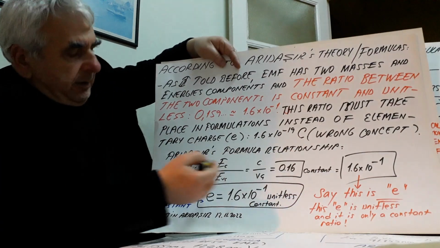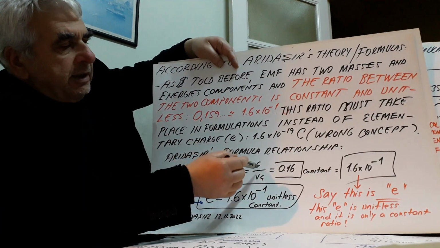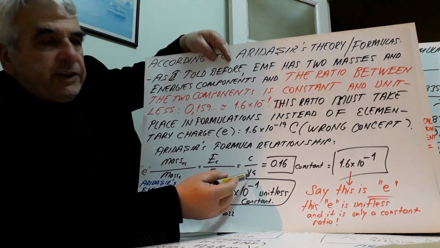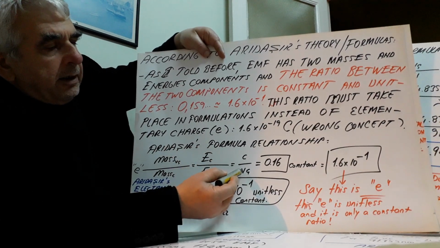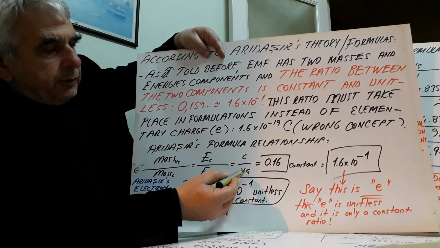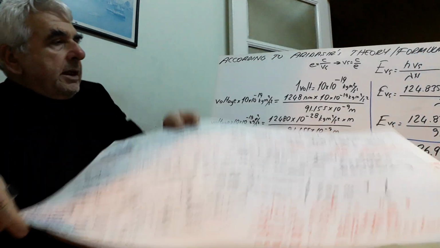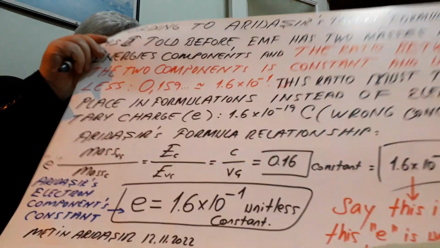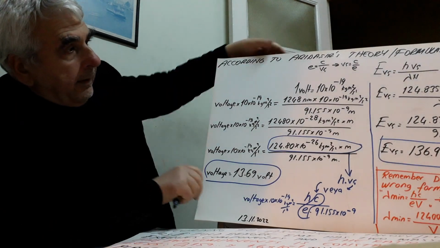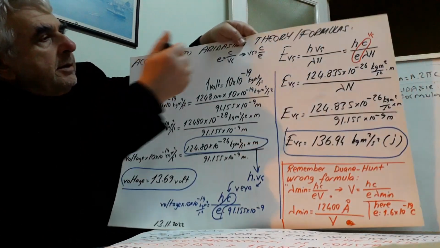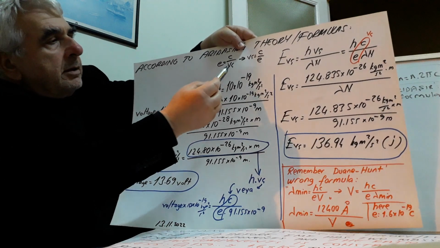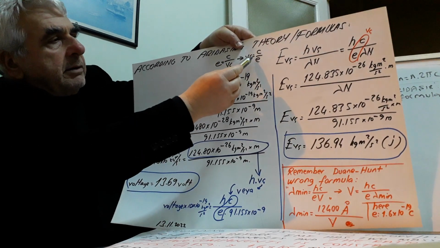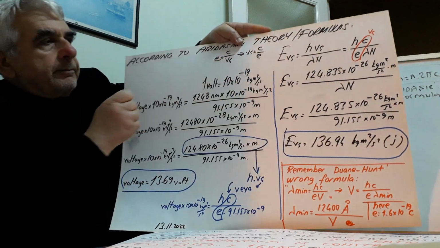This is E equal to C divided by Vg. E is equal to C divided by linear velocity of electron motion form. E is equal to C divided by Vg, and Vg is equal to C divided by E.